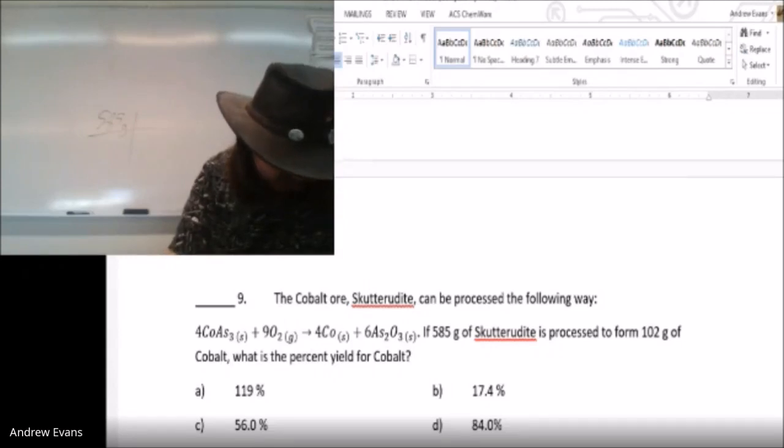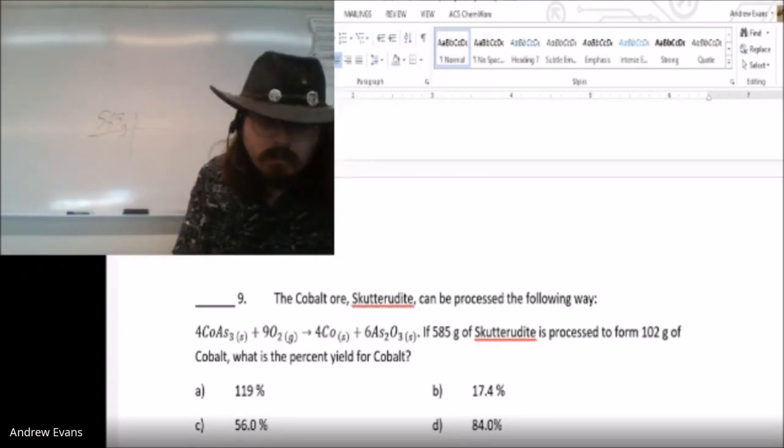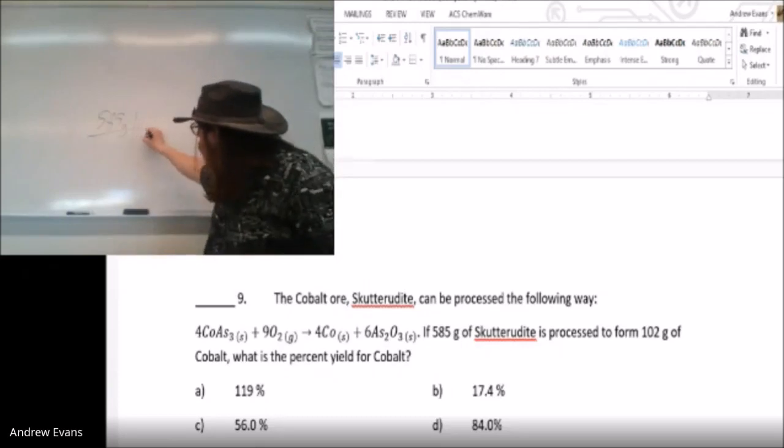Cobalt is 58.9 and arsenic is 74.9. And there's 3 arsenics. So the molar mass of this guy is 283.6.